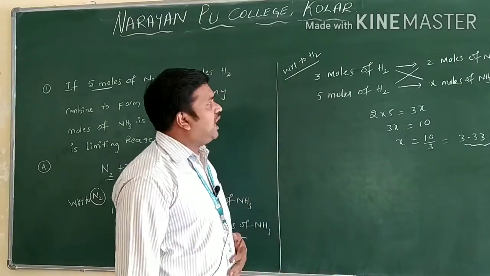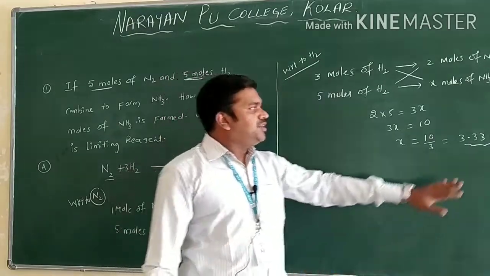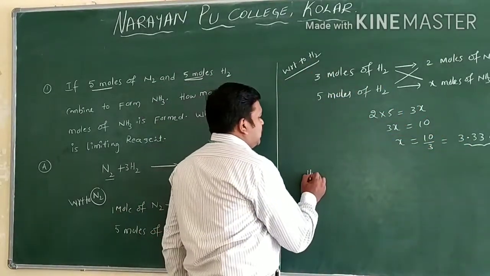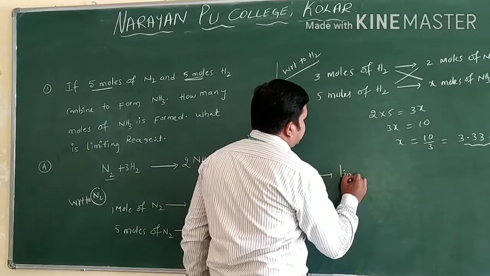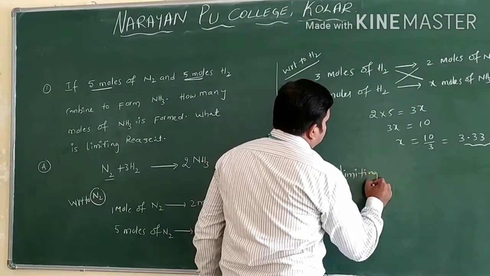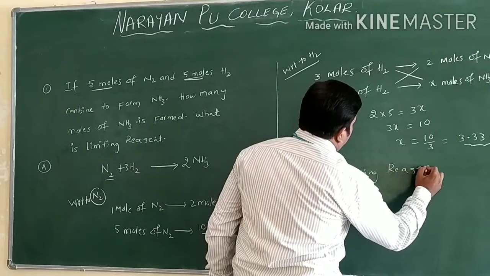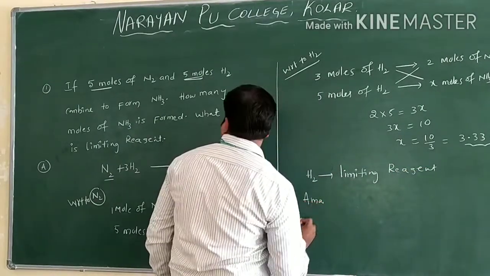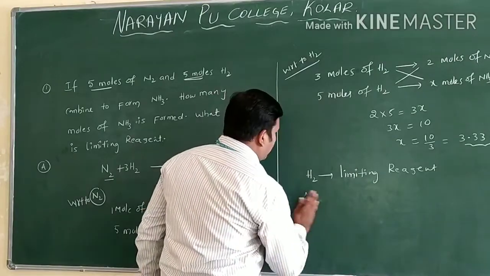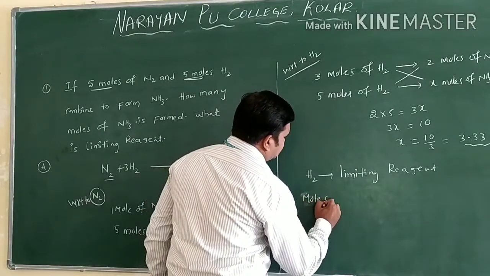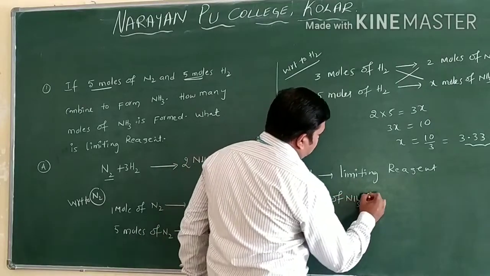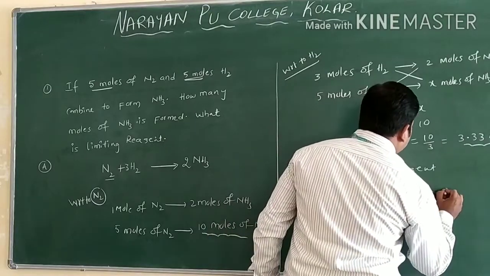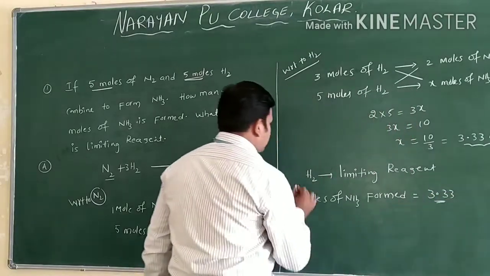After that we have to identify the limiting reagent. 3.33 moles is coming from which one? H2 only. So H2 is the limiting reagent. The amount of NH3 formed, or the number of moles of NH3 formed, is 3.33 moles.